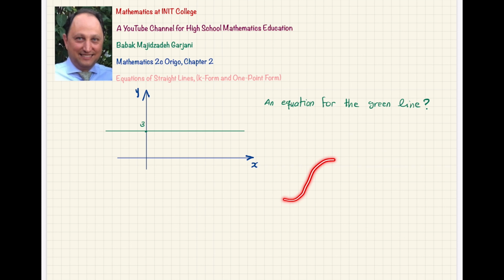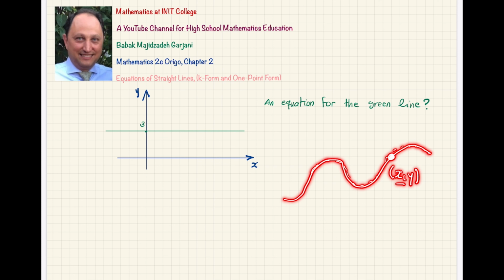If I have a curve like this, when I say what is an equation for this curve, it means: what is the relation between x and y coordinates of the points lying on this curve. If I can find a connection between x and y coordinates of all the points on that curve, that equality, that equation, that relation is called an equation for the graph, for the curve, or for whatever shape you have.